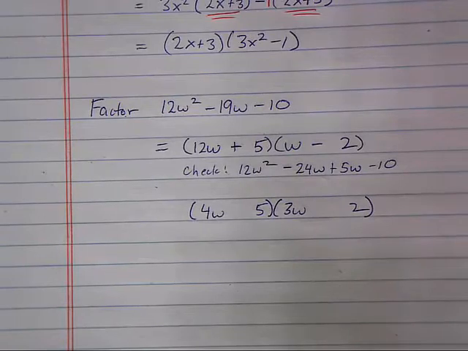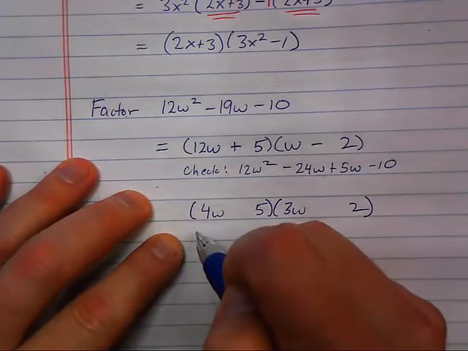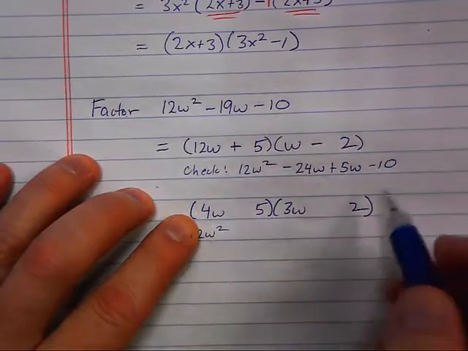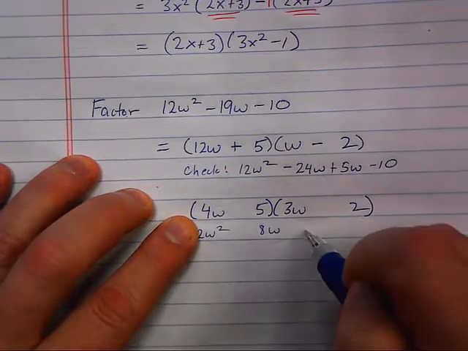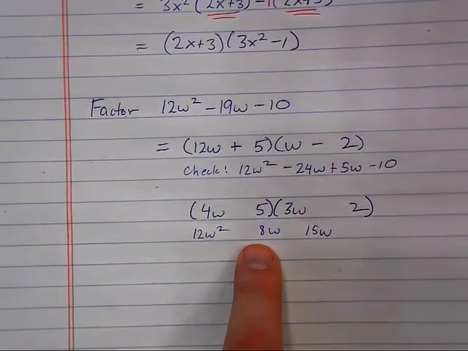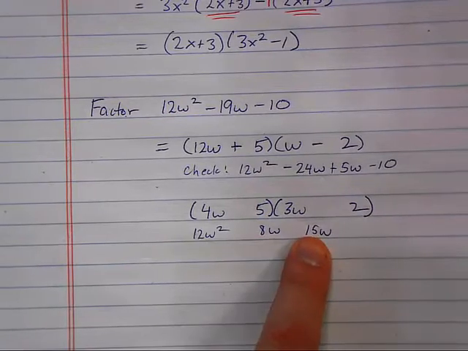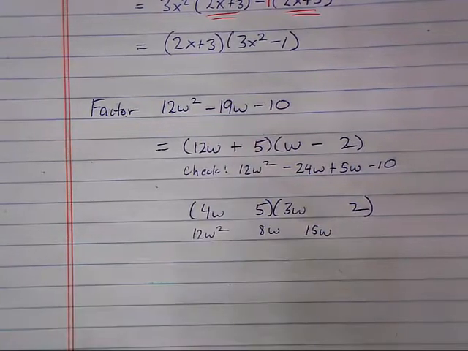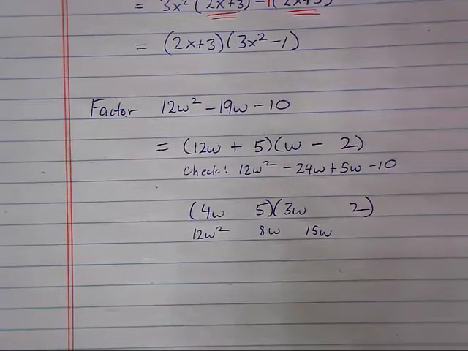Is that the right answer? No, because if you do FOIL, you're going to have 12w squared, and then you would have an 8w and a 15w. Is there any way you can arrange the signs for an 8w and a 15w to make it work out to be negative 19? No. So what does that tell me? That would tell me that I made a bad guess, that that's wrong.